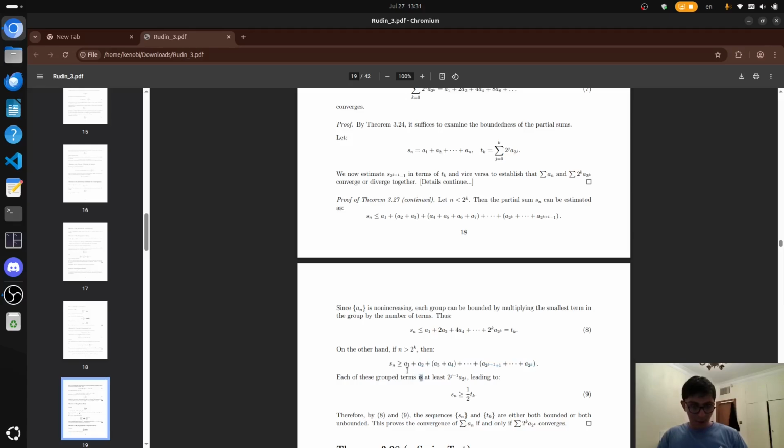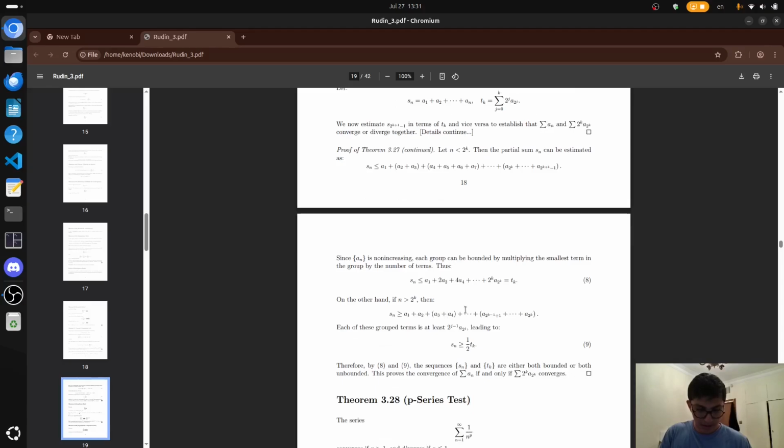It's going to be greater than 1/2 a_1 plus a_2 plus 2a_4, because here we're starting a little later. a_3 plus a_4 is going to be greater than 2a_4, because instead of a_3 you're replacing it with a_4, which is less than that, etc., etc. And so you're going to get S_n is greater than or equal to 1/2 T_k.